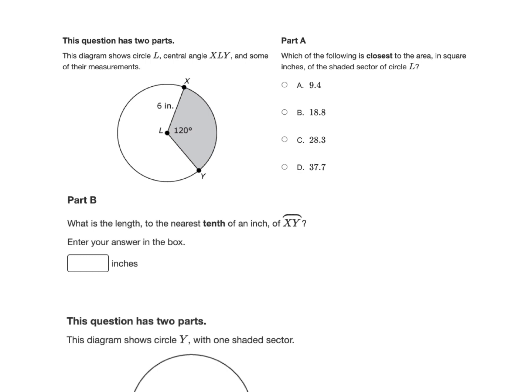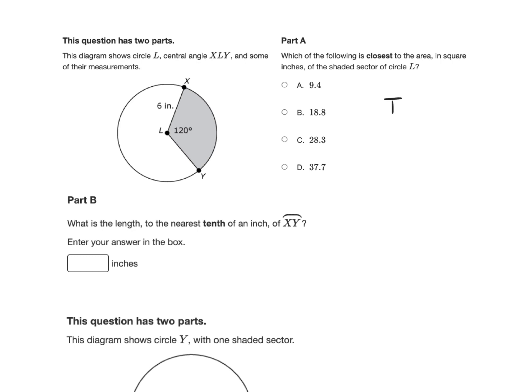These last two are asking for the area of the sector and the arc length. So what you need to remember here is that the area of the sector is only a portion of the total area.